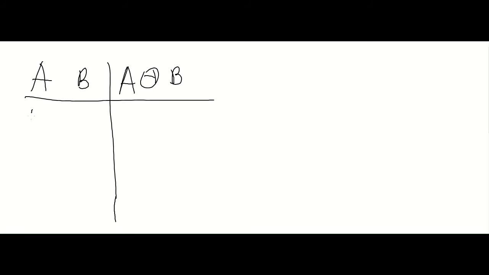So let's have it like this. And we know that exclusive OR gives true when the operand values differ, and when they match, we have false.